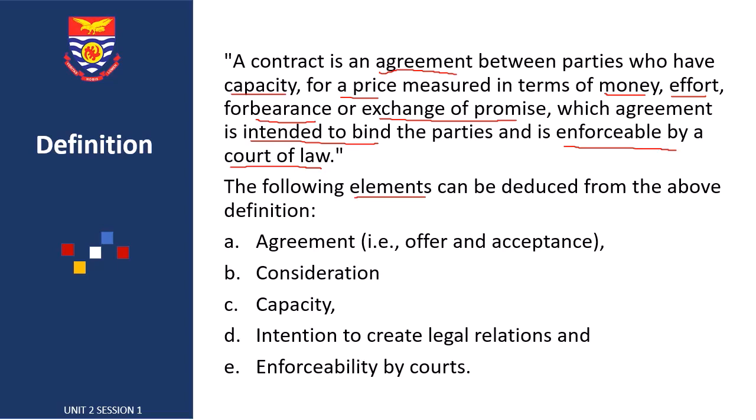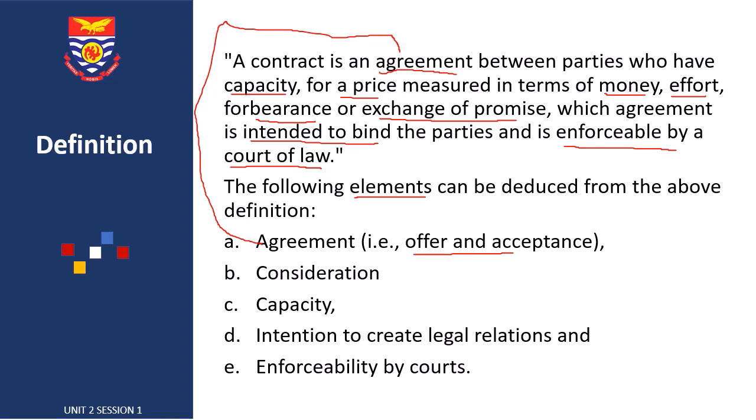From the definition, you saw that a contract is an agreement. It is the offer and acceptance that constitutes agreement. So when the offeree accepts the offer made by the offeror, then there's an agreement.